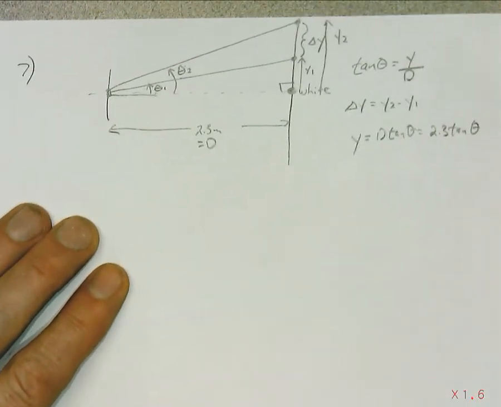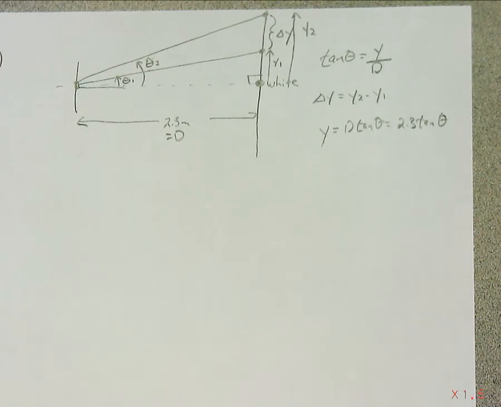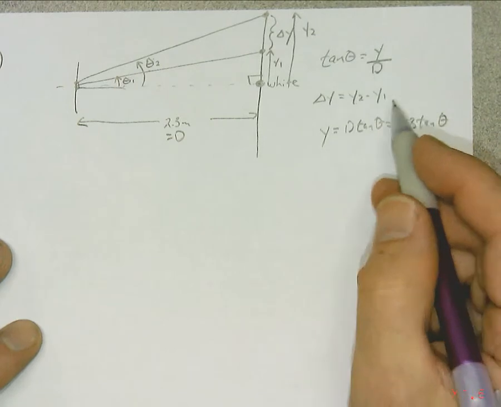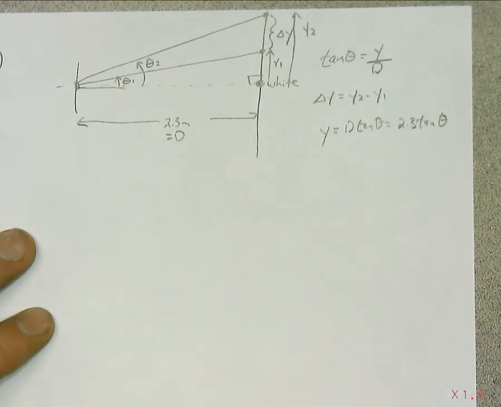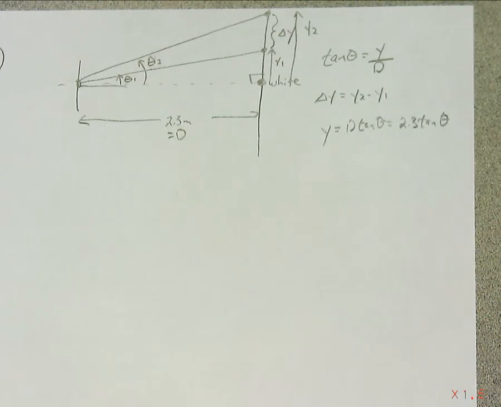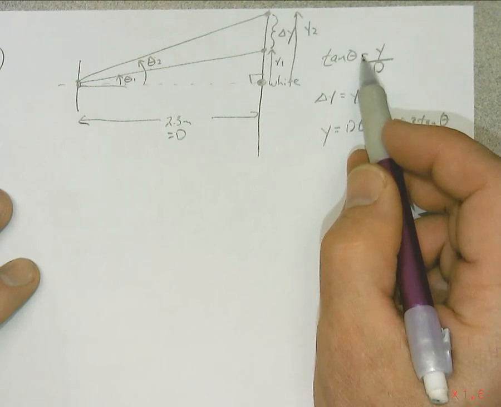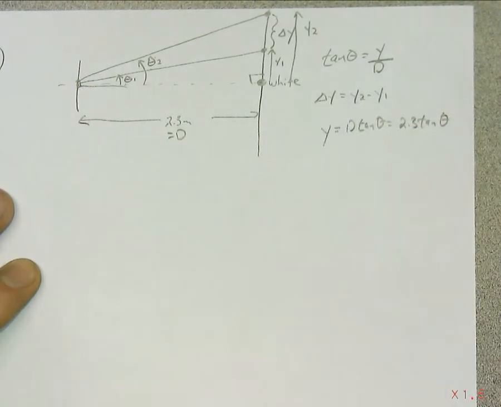So our task now is to discover the values of the y's. To do that, what we need to do is find the angles, because once we have the angles, the y's will fall into place.